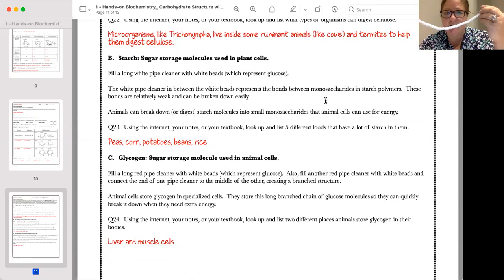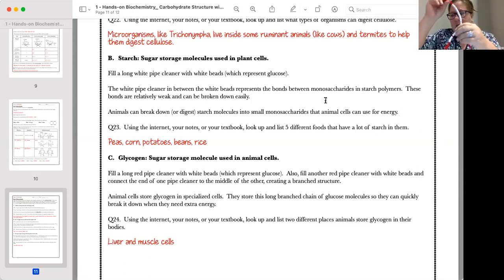So this one is starch on a white pipe cleaner. This long chain is cellulose in plants for cell wall, cell structure. And then this one is glycogen, which is what the body uses to store energy that we don't need right away. So those are your 3 carbohydrates.